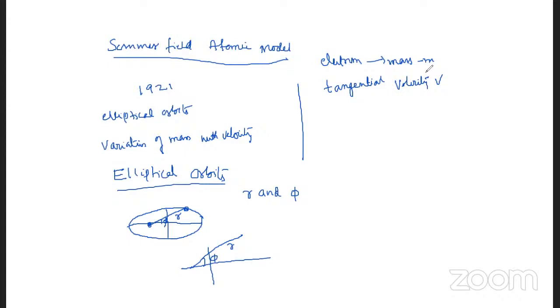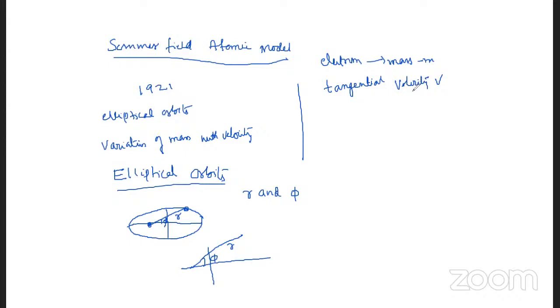So we have considered an electron of mass m, which is moving with a linear tangential velocity v, revolving in the elliptical orbit. The tangential velocity of the electron can be resolved into two components.